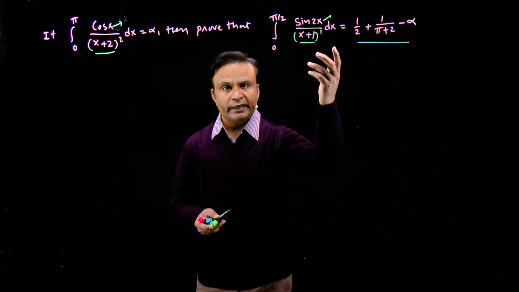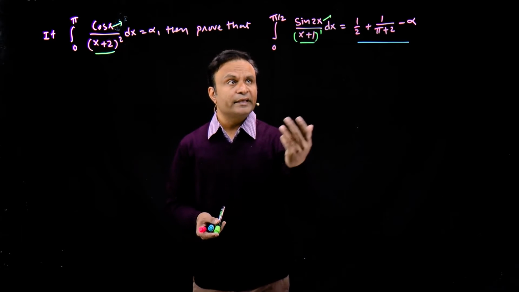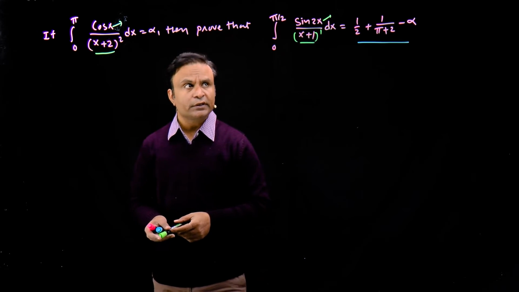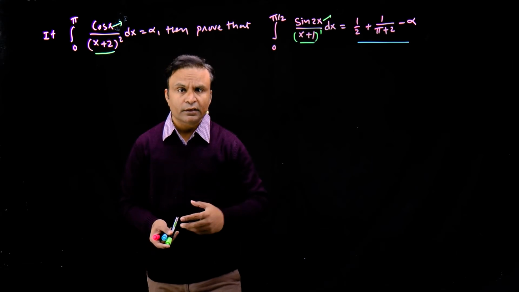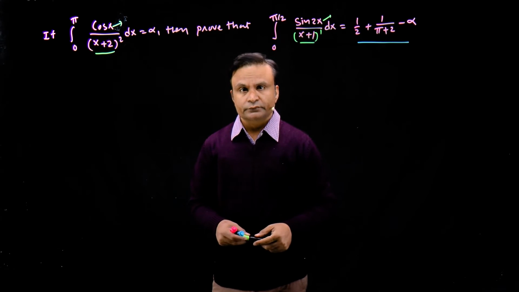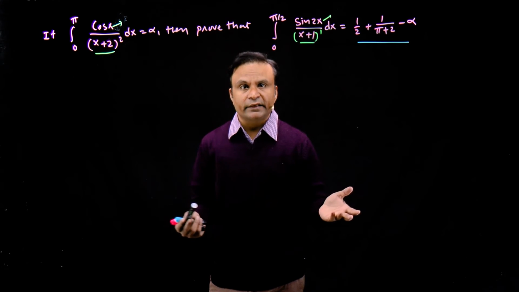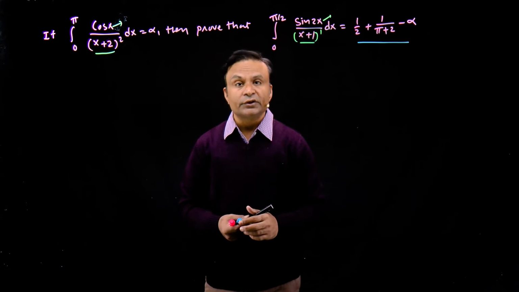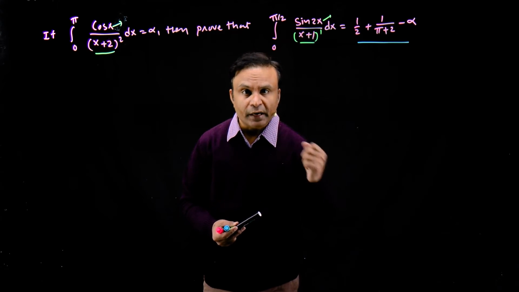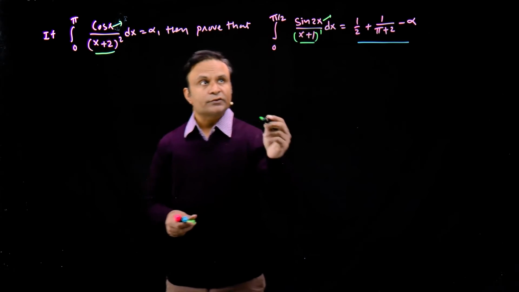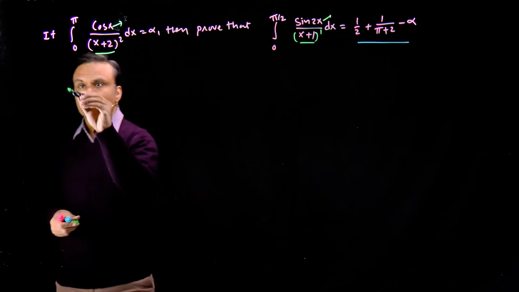In place of sine we get cos, and in place of x plus 1 power 1 we get something like the square of linear. Clearly we will integrate this using by parts.